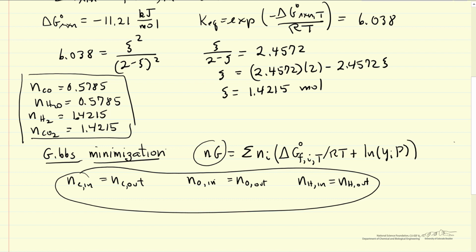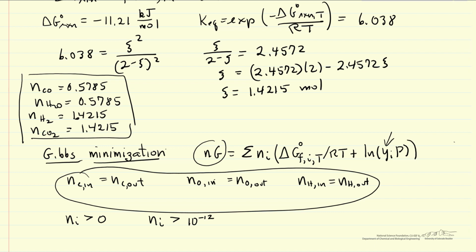We've already assumed ideal gases when we've written the equation here in terms of just mole fraction. Our initial guess can affect convergence, and one of the other constraints we're going to put on is that the number of moles should be a positive number. The way to do that in Solver is for each of the number of moles, I'm going to say it's greater than 10 to the minus 12.